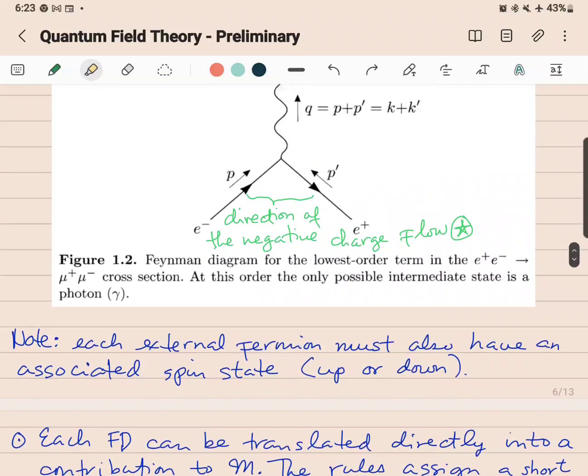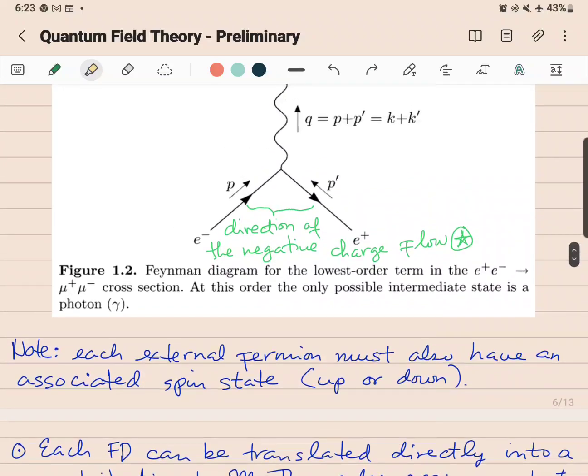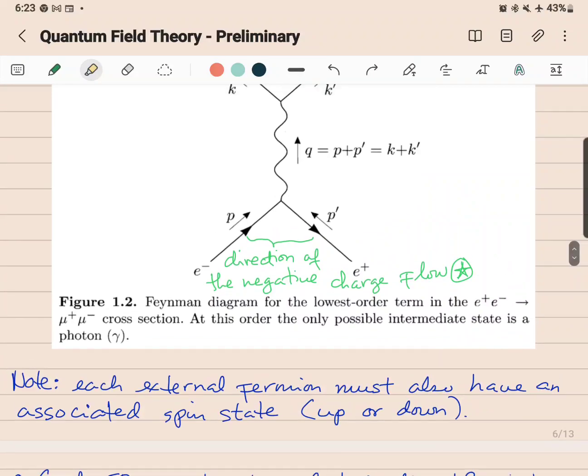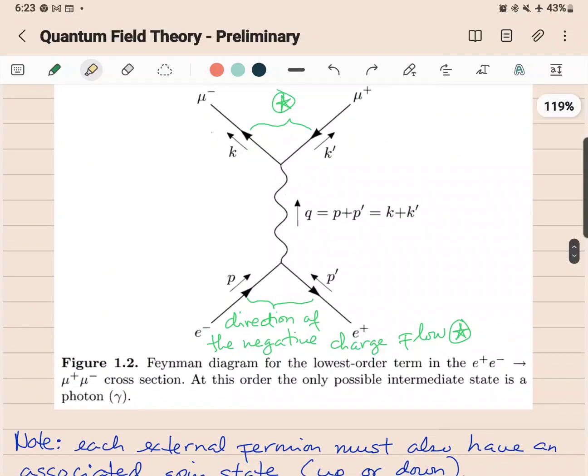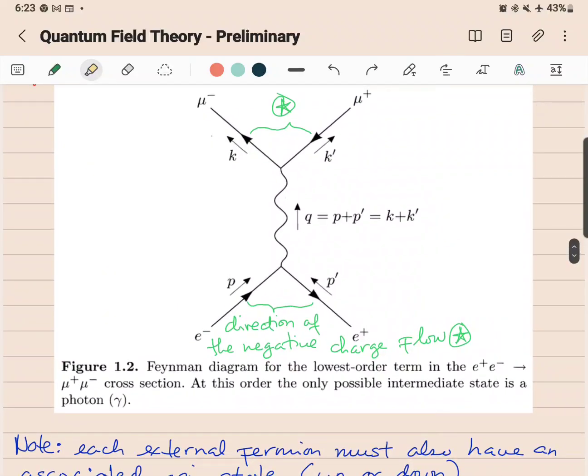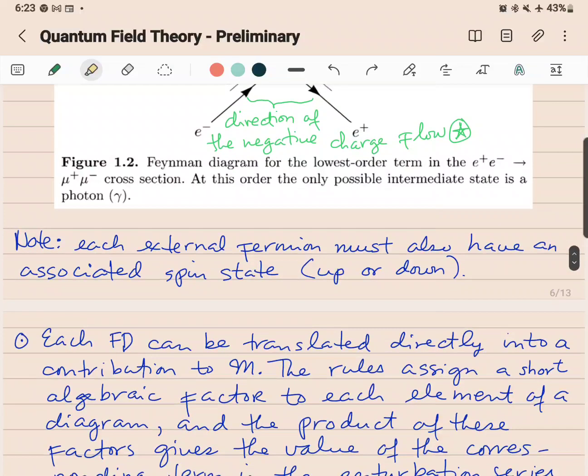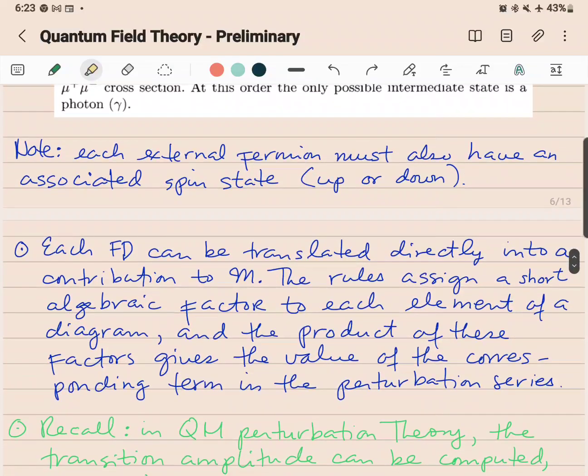So each external fermion must also have an associated spin state, because we don't know what the spin would be. But of course, later on we will average, or they call it the fermion spin sum.